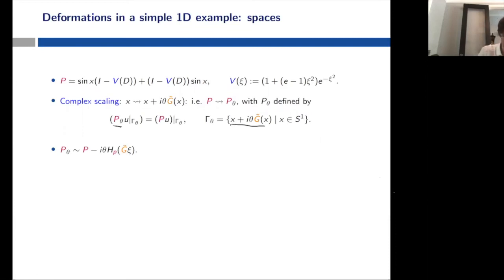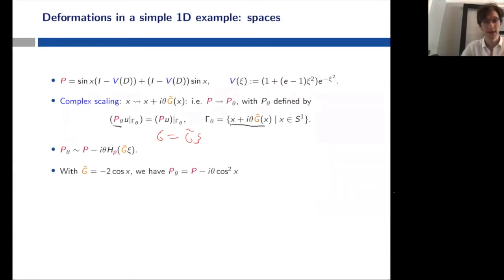Right, so somehow what's happening is that the G I had on my previous slide is G tilde(xi). So in other words, doing complex scaling is like having a weight function which is linear in xi, an escape function which is linear in xi.